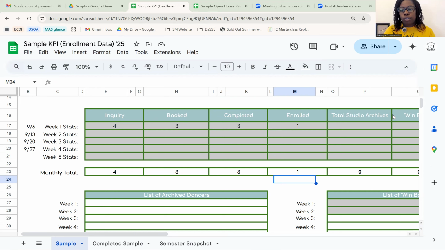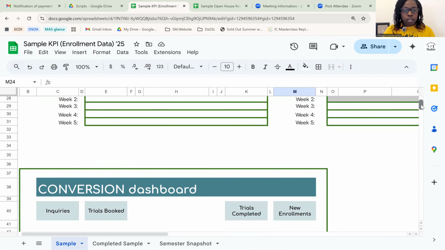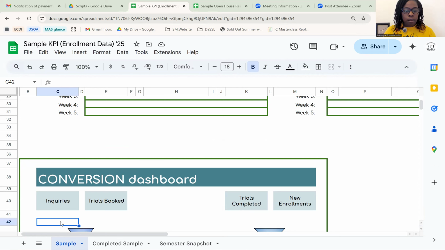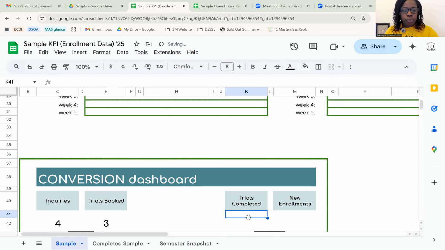In the meantime, we're going to scroll down to the bottom of our spreadsheet to get our percentages of what that looks like for us. So we have numbers. Now let's turn that into percentages. So inquiries, we said we had 4 inquiries, 3 trials booked, 3 trials completed, and 1 enrollment.